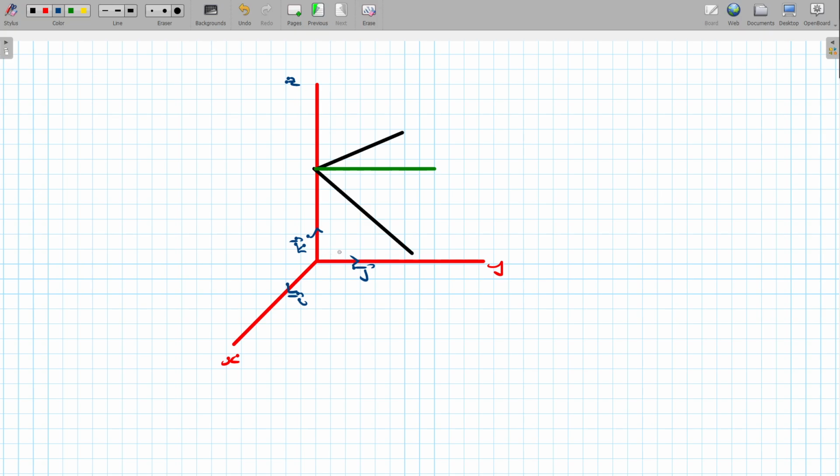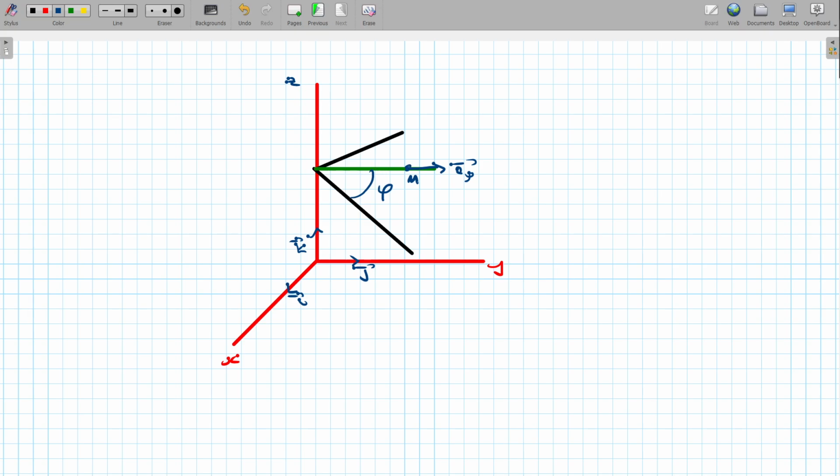Then for the reference frame that is moving, here we have an angle theta, like so, and then our point M is here. This is where our point M is, and of course e_rho is going to be in this direction.